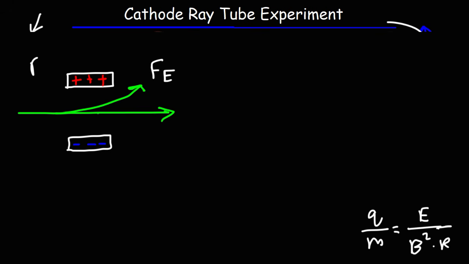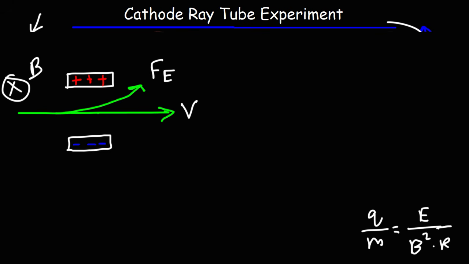Now, if we have a magnetic force that is directed into the page, using the right-hand rule, you could determine the direction of the magnetic force on the electron. So let me see if I still have my drawing skills. Using your right hand, place your 4 fingers into the page, and your thumb in the direction of the electrons.